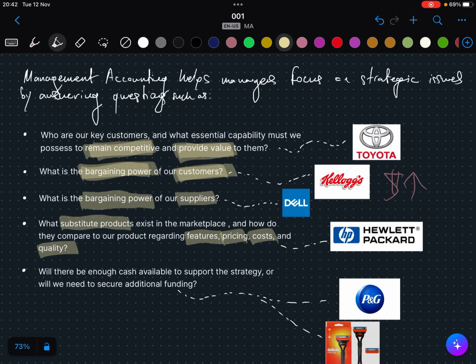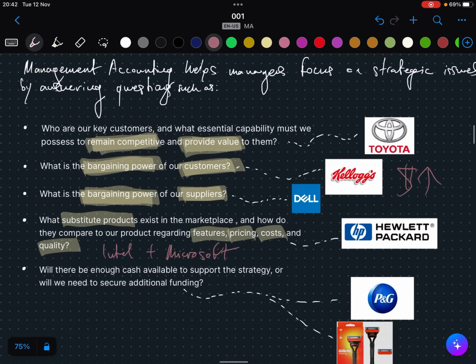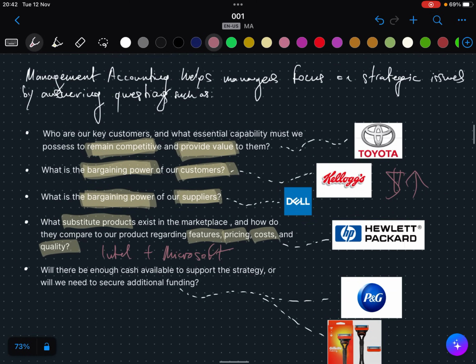What is the bargaining power of our suppliers? Well, if we think of Dell Computers, they must consider the bargaining power of Intel and Microsoft. Intel sells to them microprocessors and Microsoft software.